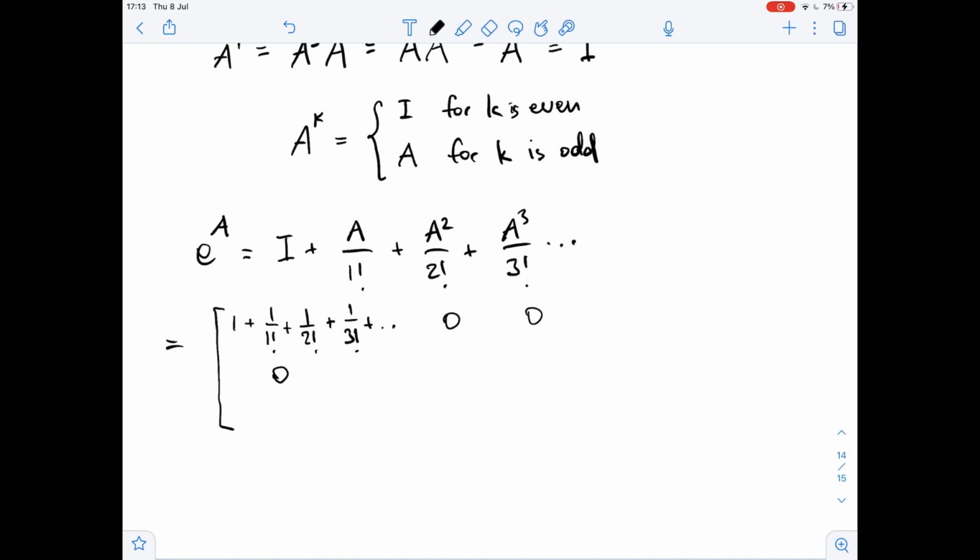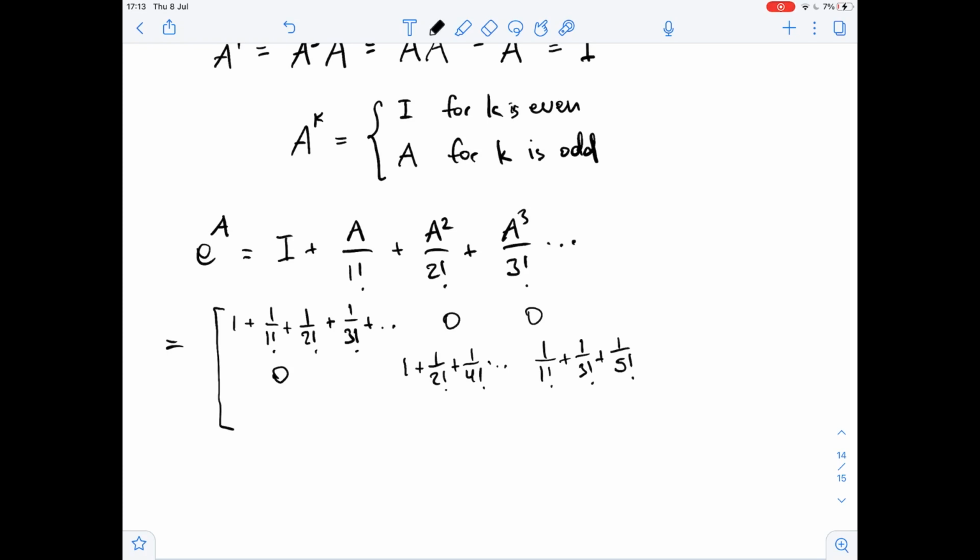Here we also have 0. Here we have 1 plus 1 over 2 factorial plus 1 over 4 factorial, and so on. Here we have 1 over 1 factorial plus 1 over 3 factorial plus 1 over 5 factorial.